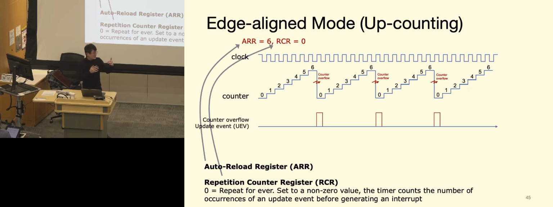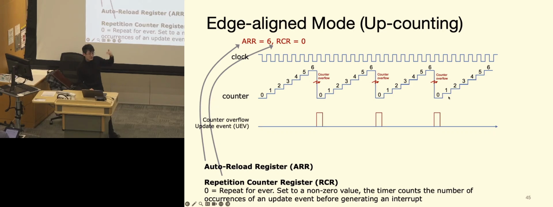For example, if I set the RCR to 3, then for this up counter, 1, 2, 3, it's only going to have this one signal up instead of all 3 of them. Does that make sense? It gives you one additional control, another counter on top of the counter register.